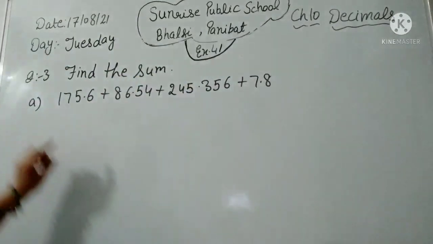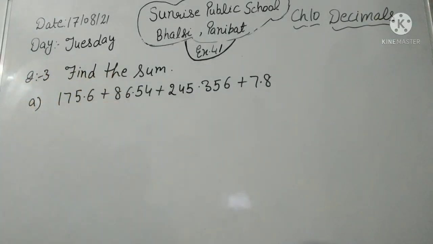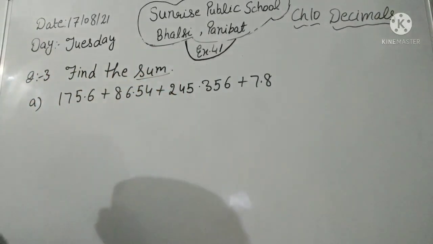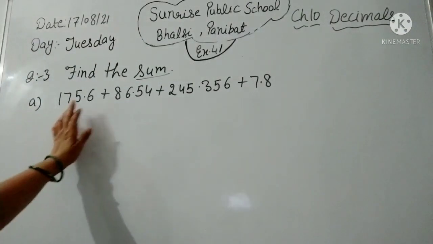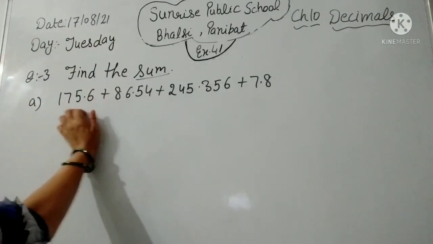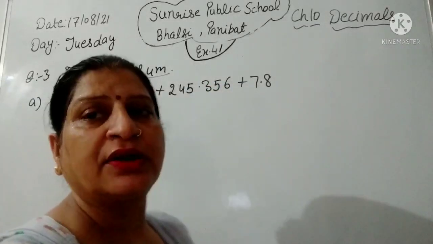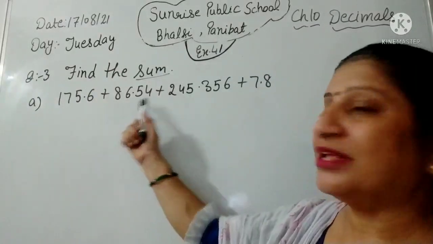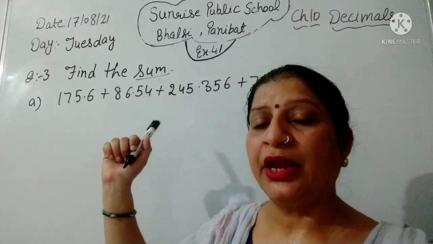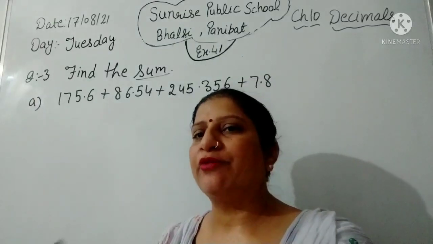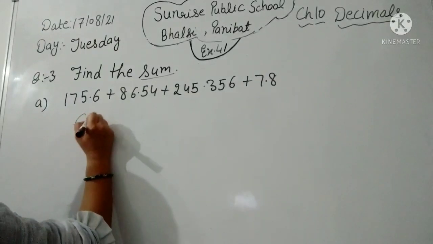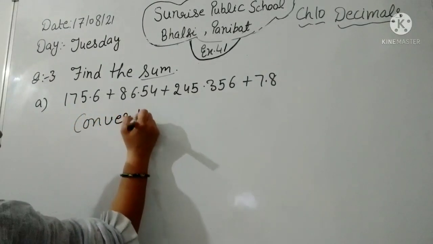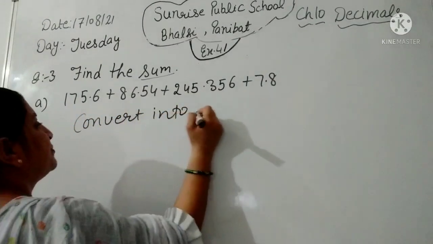Now in question number 3 we have to find the sum. Sum means we have to add the numbers. Now again all these numbers are given in a horizontal line. Whenever numbers are given in a horizontal line, firstly you have to convert them into like decimals. So we write here convert into like decimal.